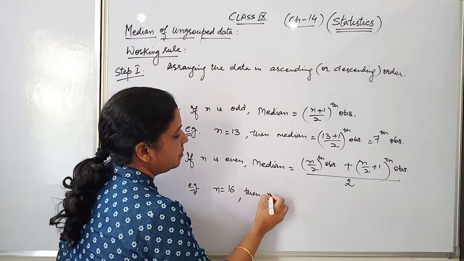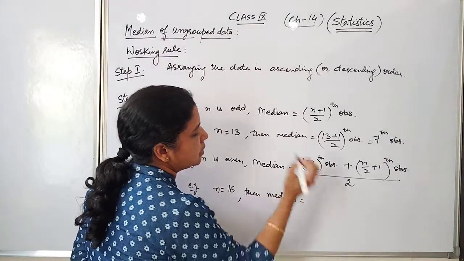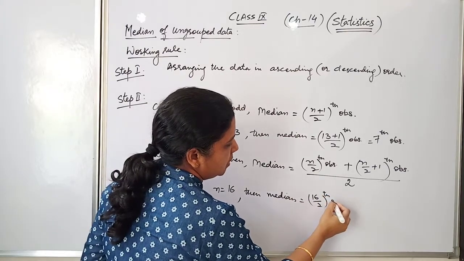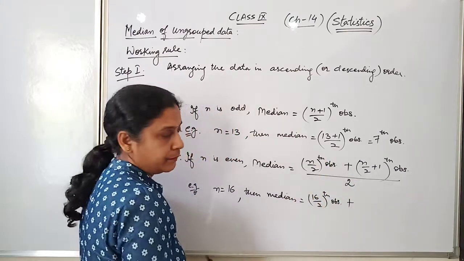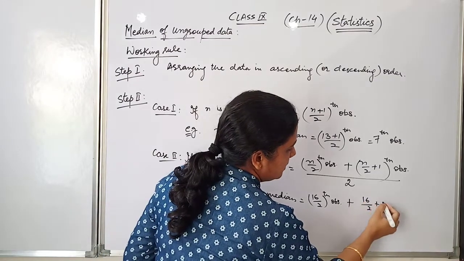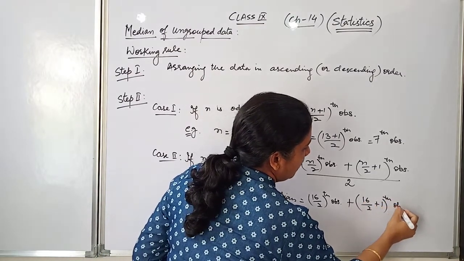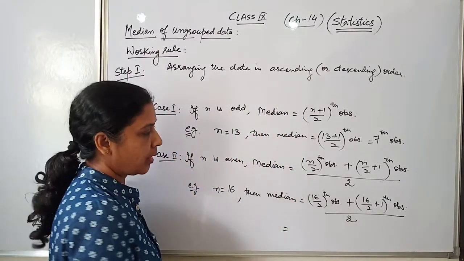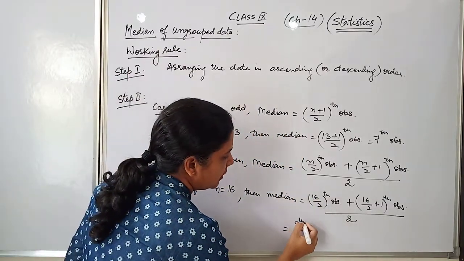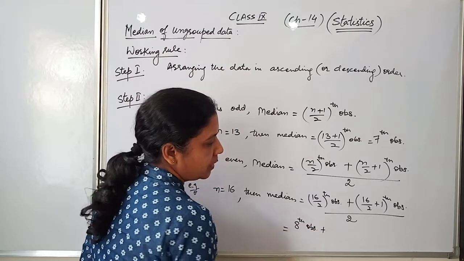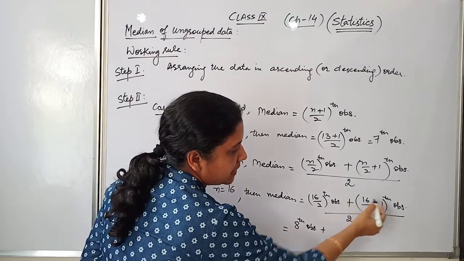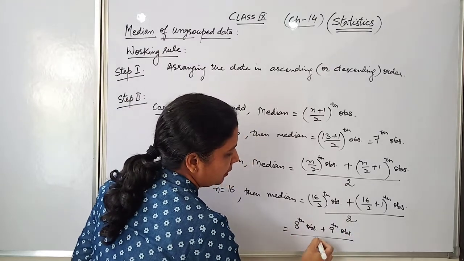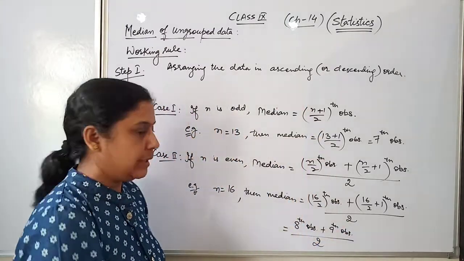Then median is equal to 16 by 2th observation plus (16 by 2 plus 1)th observation whole divided by 2. 16 by 2 is the 8th observation plus, 16 by 2 is 8, plus 1 gives the 9th observation. These will always be consecutive, adjacent observations.